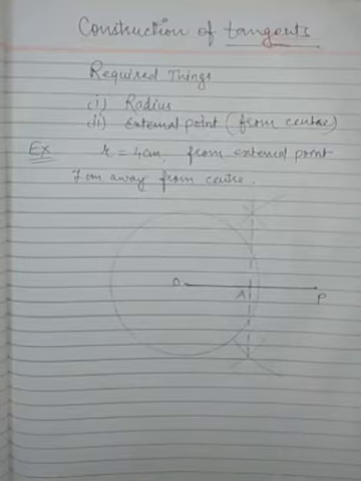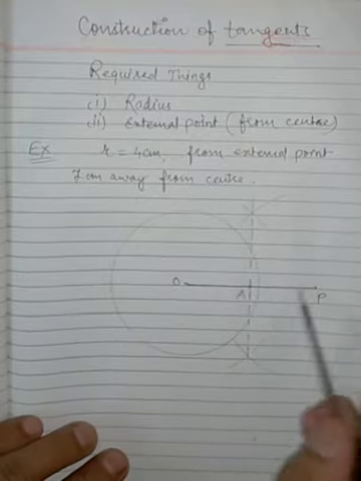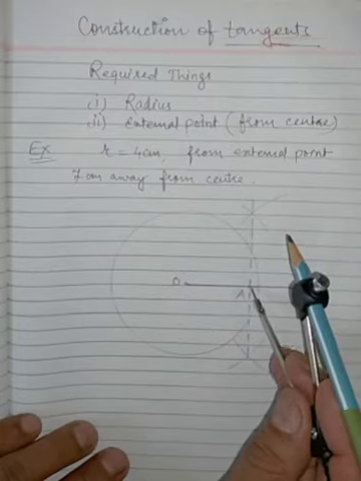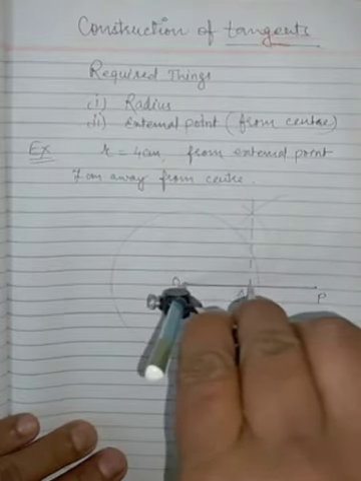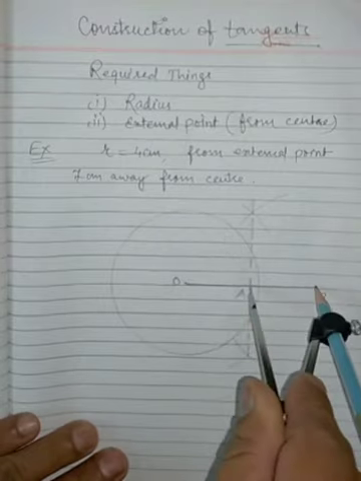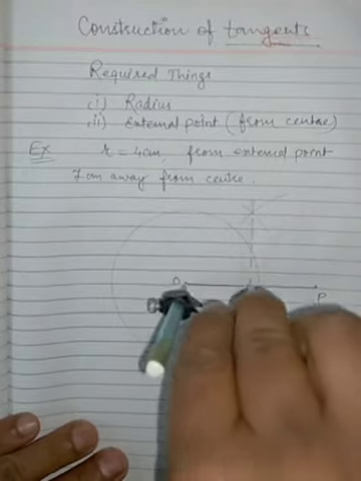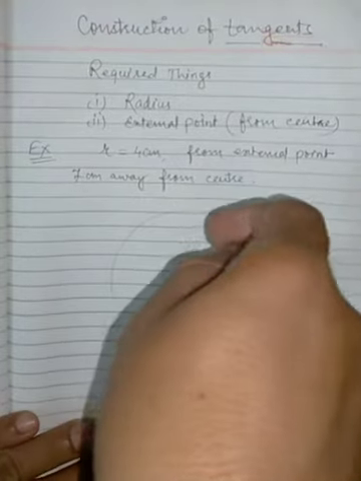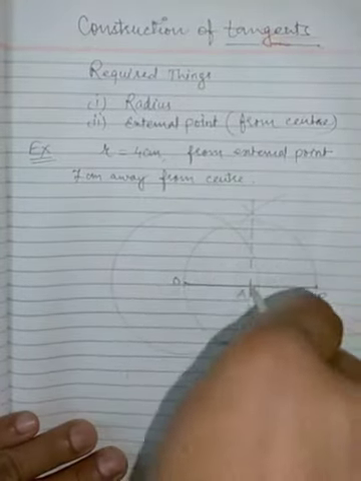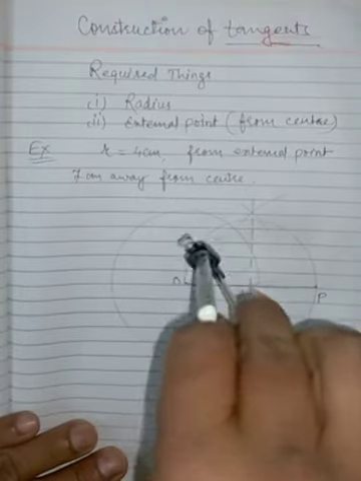Now, as A is the midpoint of OP, so using the radius OA is equal to PA, we have to draw a circle which will be intersecting our previous circle at 2 points.